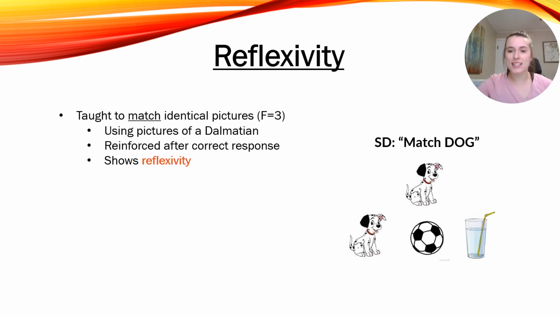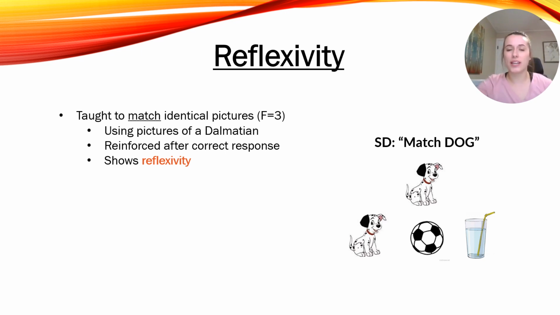So reflexivity is that A equals A. In the beginning, the client was taught to match identical pictures of dogs. In the image to the right, you'll see 2 identical pictures of a Dalmatian. The therapist would give the SD or the instruction, match dog, and the child would learn through prompting to match the identical pictures of the dog.